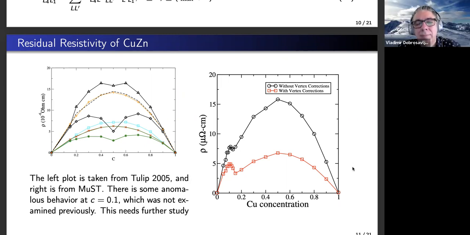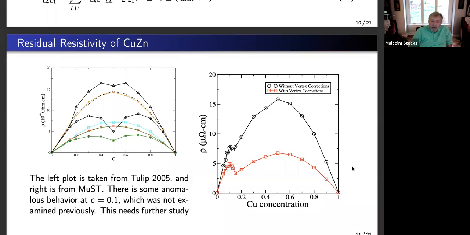And basically what KKR-CPA does for you is it shows that as the resistivity gets very, very large, the reason for this is that the bands, i.e. the spectral function, is very broadened.